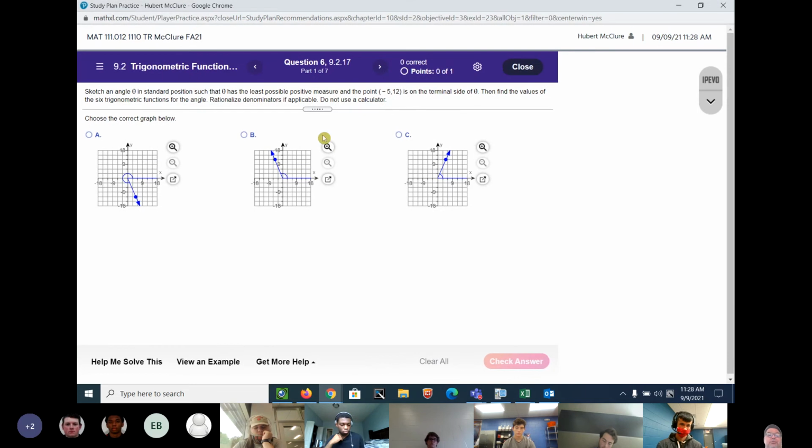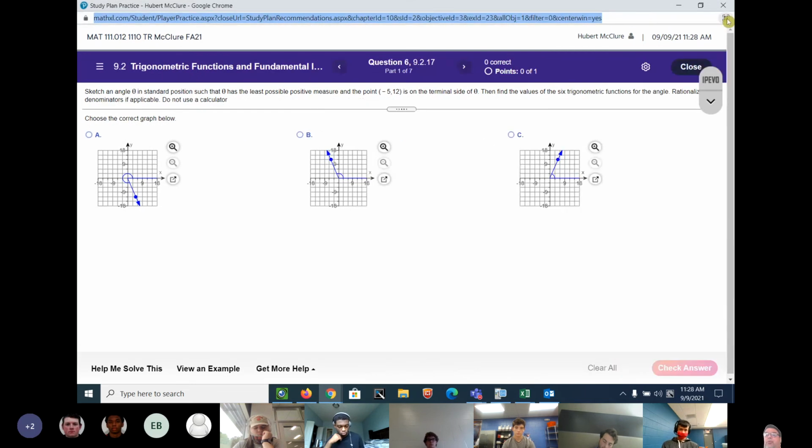This one says, and I can't blow it up. I don't know why I can't blow it up. It says sketch the angle and give the 6 trigonometric functions of -5 and 12. So -5 and 12. -5, 1, 2, 3, 4, 5. 1, 2, 3, 4, 5, 6, 7, 8, 9, 10, 11, 12.